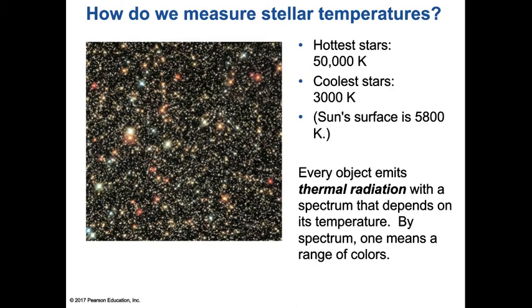Here we come back to classifying stars, and we're told that the hottest stars are 50,000 Kelvin, and the coolest stars 3,000 Kelvin. The sun's surface is 5,800 Kelvin.